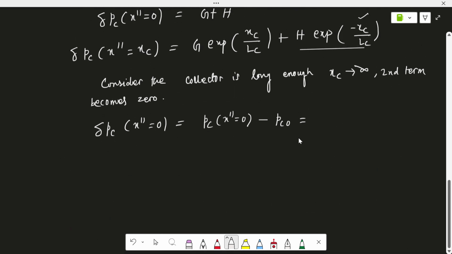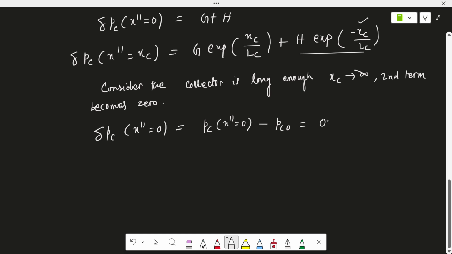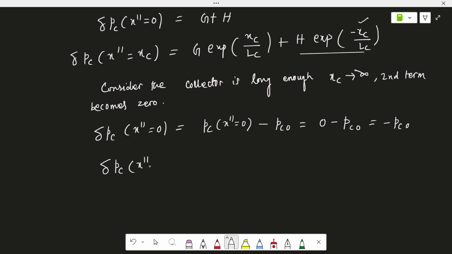Then the thermal equilibrium value is Pc0 as it is, so we get minus Pc0. So ΔPc at x'' equals 0 is minus Pc0. Now when x'' equals xc, then also we can write Pc at x'' equals xc, substituting minus Pc0, the thermal equilibrium value.